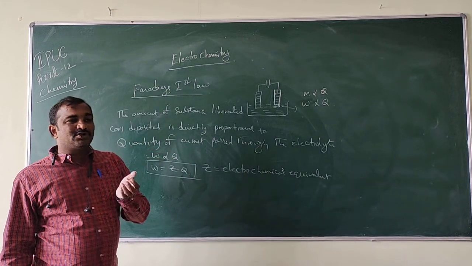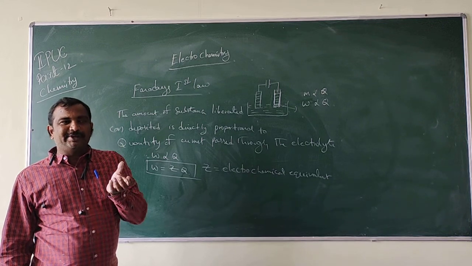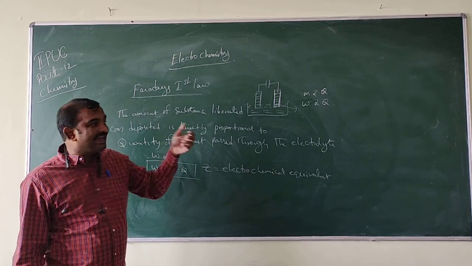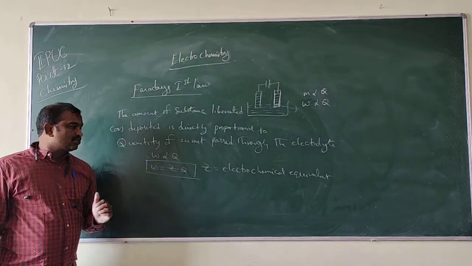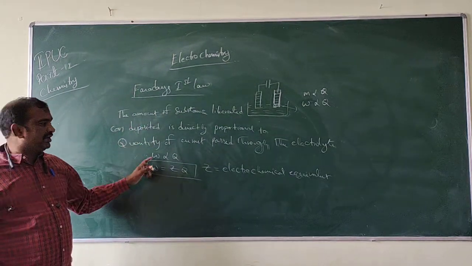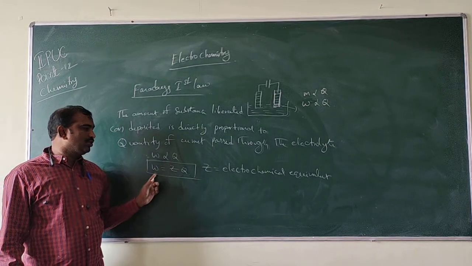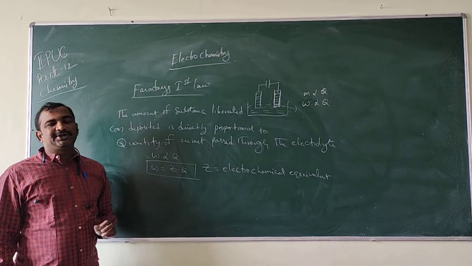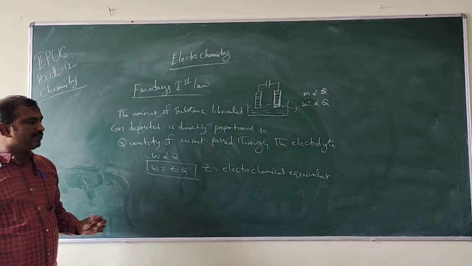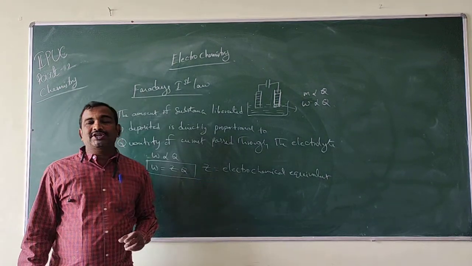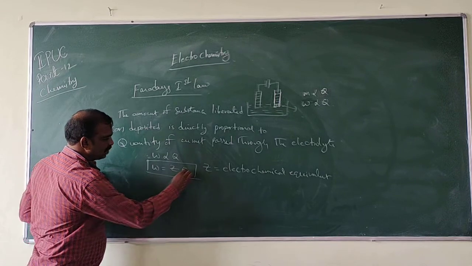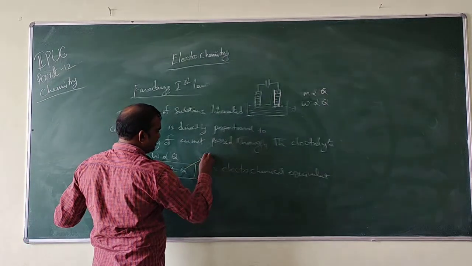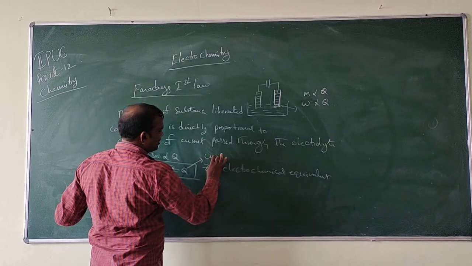So the amount of substance liberated or deposited is directly proportional to the quantity of electricity passed through the electrolyte. From this statement we wrote that W is directly proportional to Q, so W is equal to Z into Q. What is Z here? The electrochemical equivalent. Q is the current.